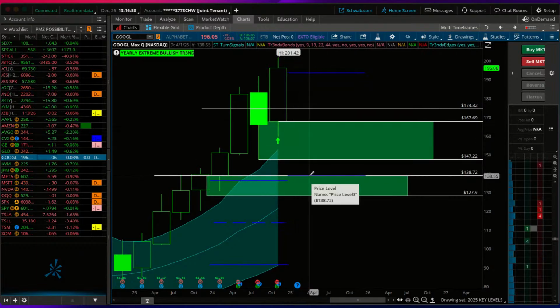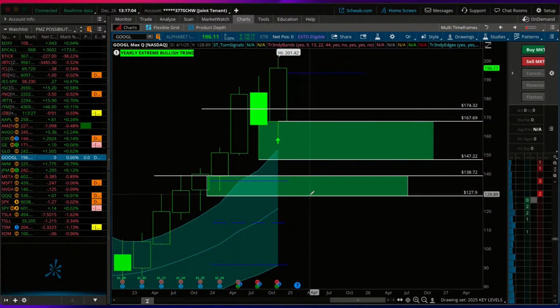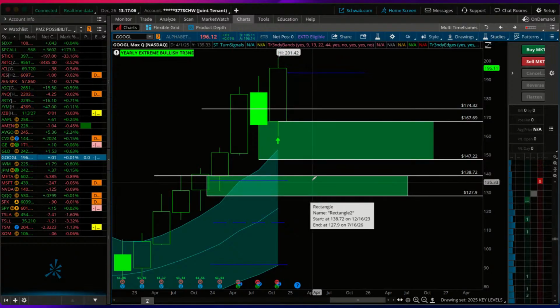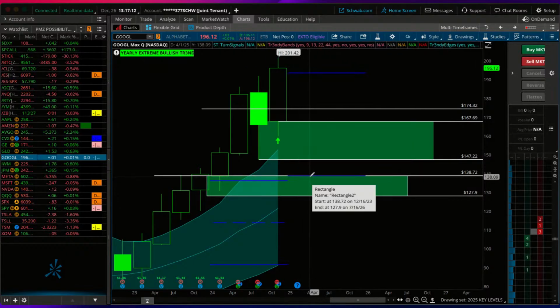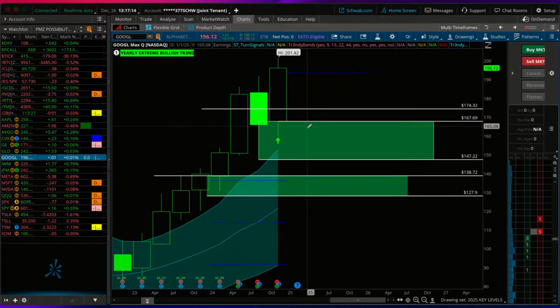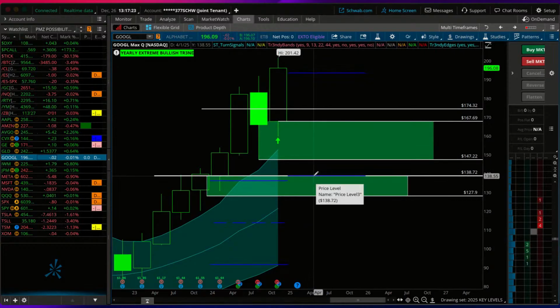But my lower yearly edge is actually down here at a monthly demand zone, 138.72 by 127. Therefore, I will save a quarter of my total allocation in the event that Google really pulls back and flushes down below this quarterly demand and wants to come down to the lower yearly edge.